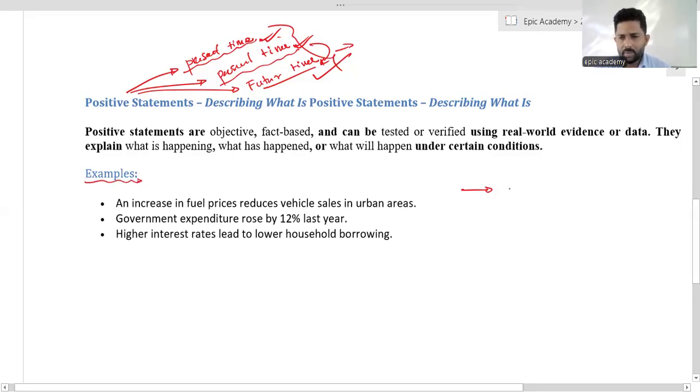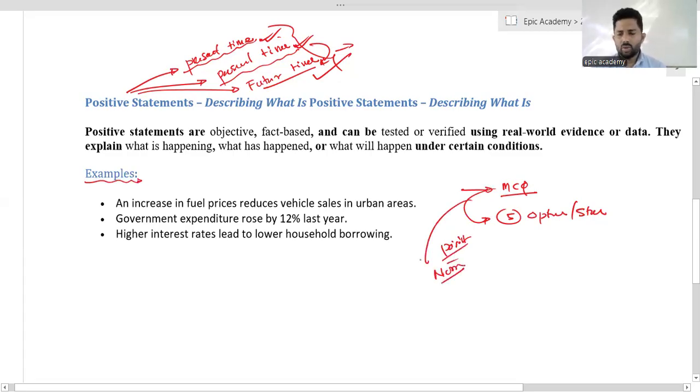In the exam MCQ paper, you will be given five statements. From these, you have to choose which is the positive statement and which is the normative statement.